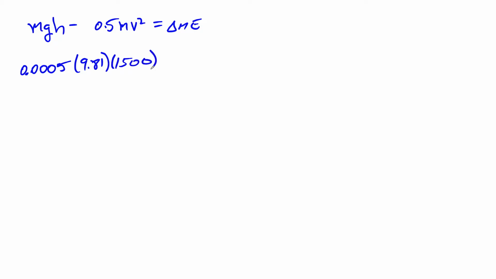So mgh minus 0.5 m v squared is equal to the change in mechanical energy. The mass is 0.0005 kilograms, times 9.81 times 1,500. That's the amount of potential energy that we have. Then 0.5 times the mass again, times the velocity, 6.67, squared. That's equal to the change in mechanical energy. This is what we lost.